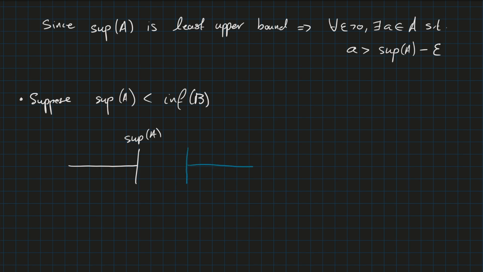And then we have our infimum of B. And so then, again, we can consider, well, this is a real number. This is a real number. Let's think about what the real number is that's right in the middle. Call that maybe c prime or something like that. So c prime is equal to the supremum of A plus the infimum of B over 2.